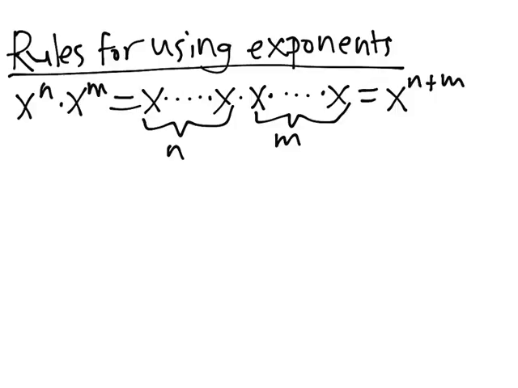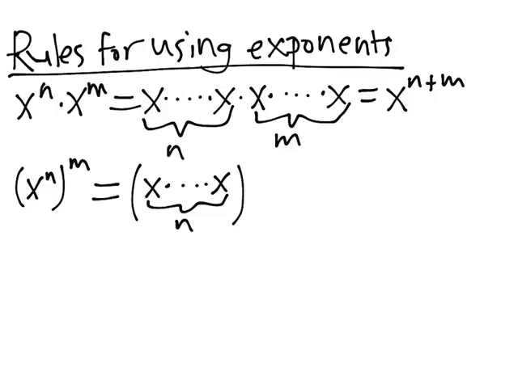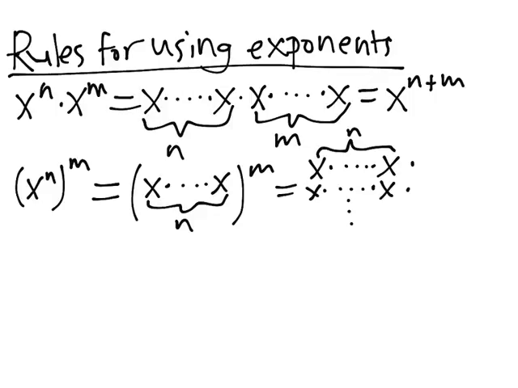Next, let's suppose we have the expression x to the n, raised to the power of m. Let's rewrite this using the definition of x to the n. Inside the parentheses, we have x times ... times x, n times, raised to the power of m. Now, raising to the power of m means we have x times ... times x, n times, multiplied by x times ... times x, also n times, and you keep doing this m times.